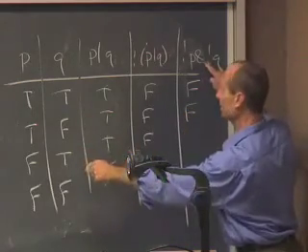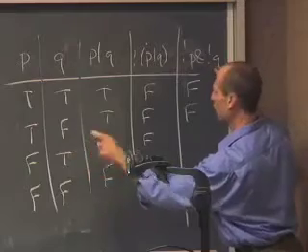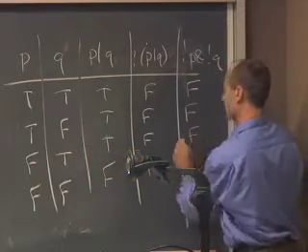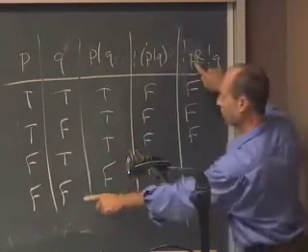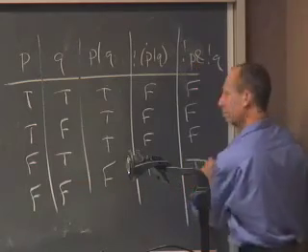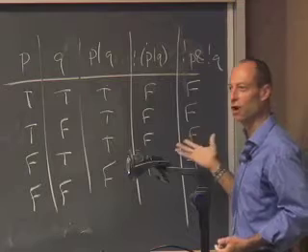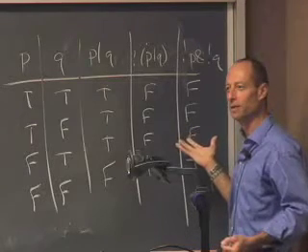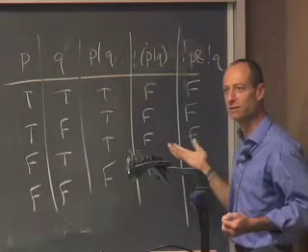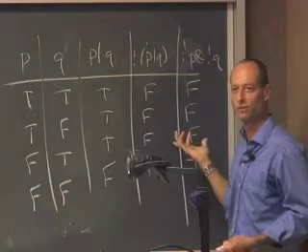Here we've got true and false, which is false. And in the last row, we have true and true, which is true. So it just has the same truth table. They're equal. That's what logically equivalent statements are.